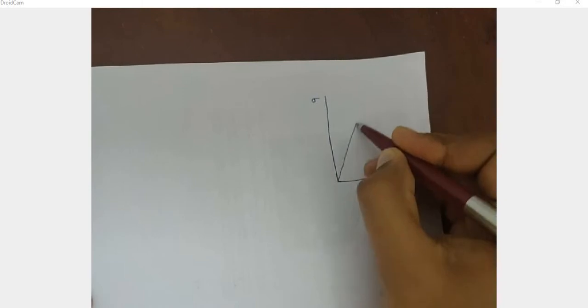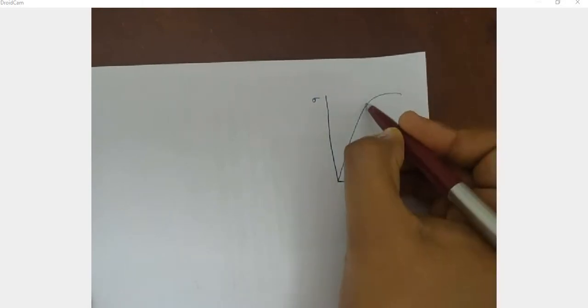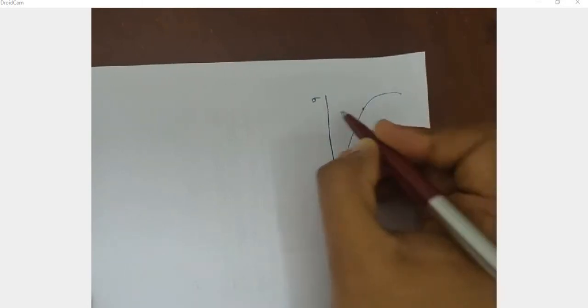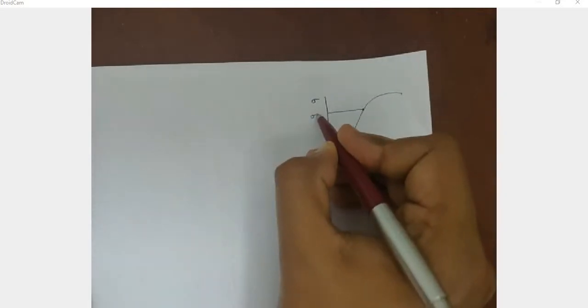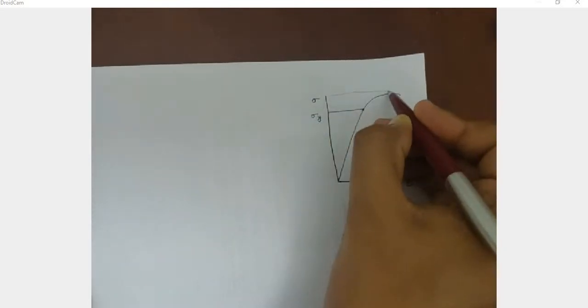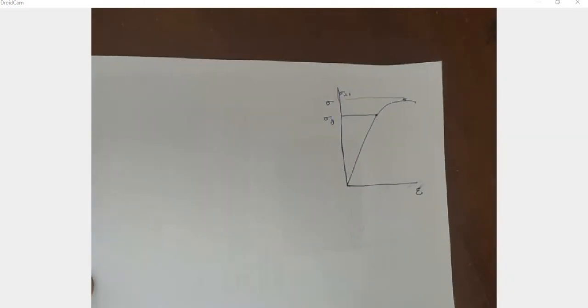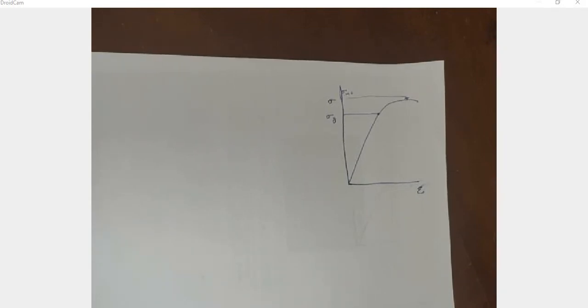This is the stress strain diagram for aluminum, and this is the yield point sigma y and this is the ultimate point, sigma ut. So consider a member subject to different types of loading.